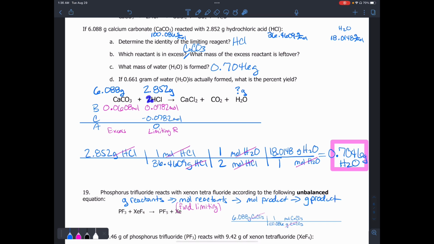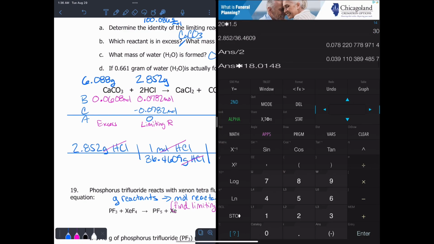So if this number is 2, then this number is 1, approximately half right here. But to actually find that number, I will take the 0.07 number and divide by 2, multiply by 1, and fill it in later, and I find the actual value that's represented with a 0.0782 number.